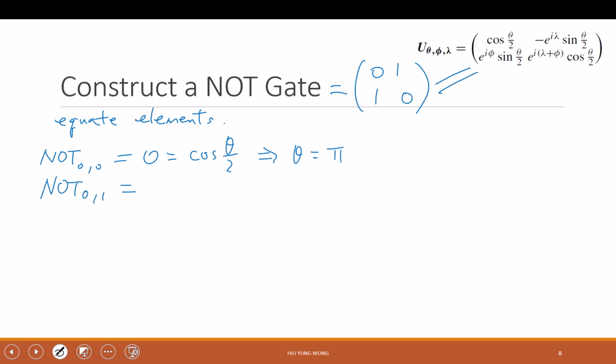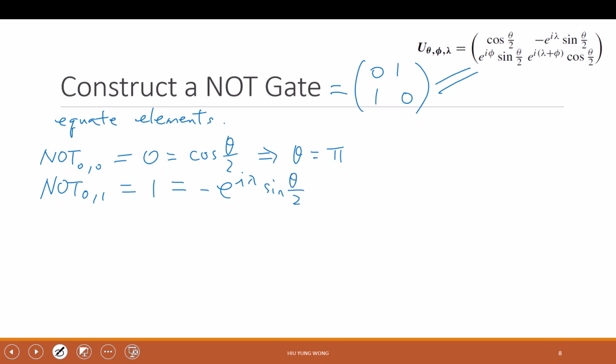Then the NOT gate's 0,1 element: 0th row, first column, is 1. It equals minus e to the power i lambda sine theta divided by 2. But what is theta?